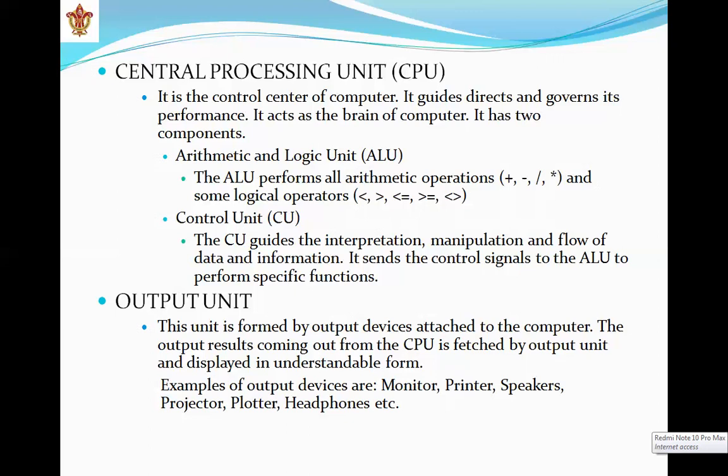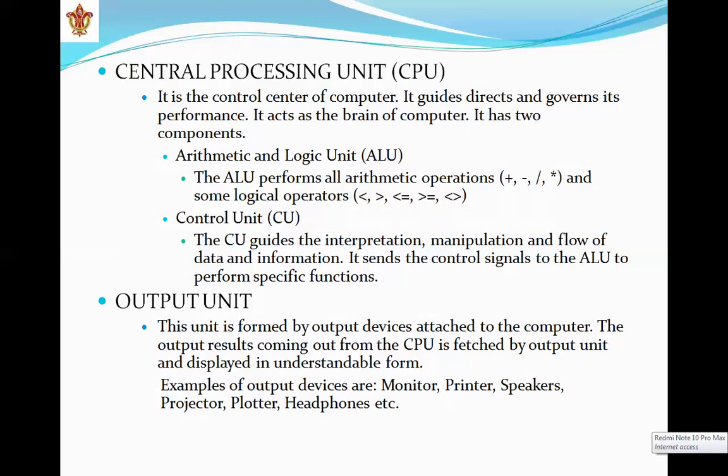Next is the output unit. This unit is formed by output devices attached to the computer. The output result coming out from the CPU is fetched by the output unit and displayed in an understandable form.